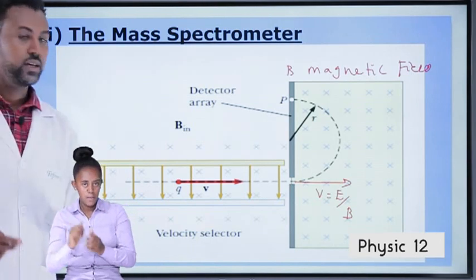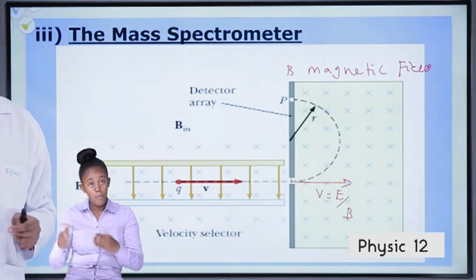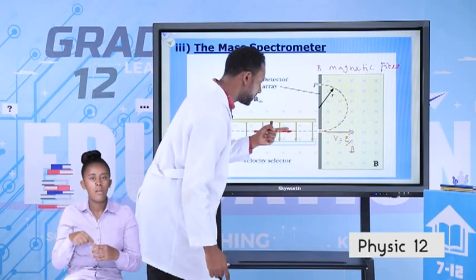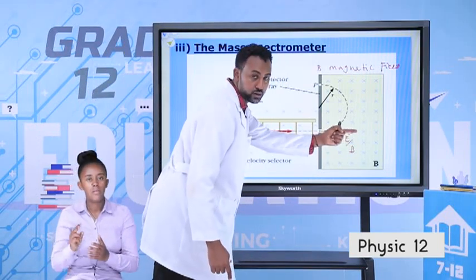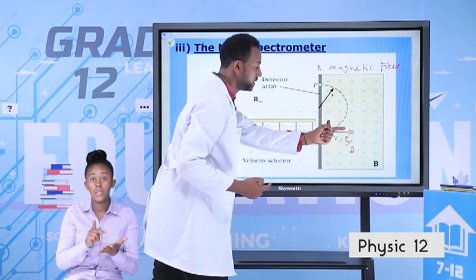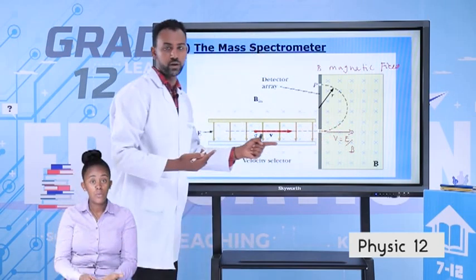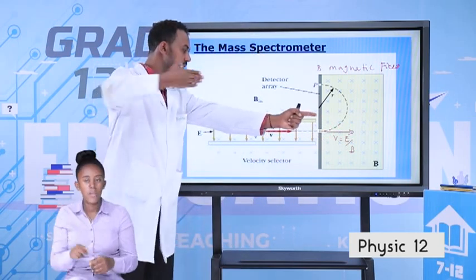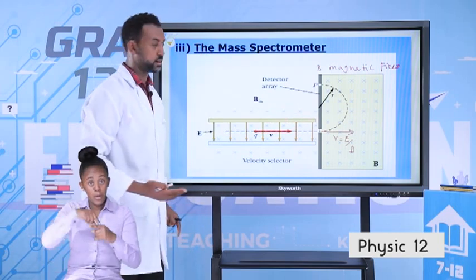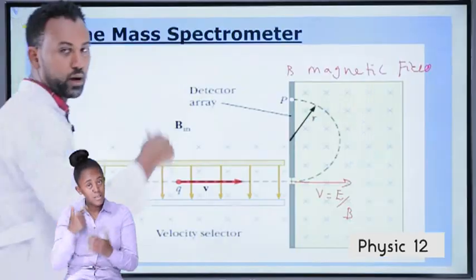Previously, we have said that a charged particle is moving with a velocity v perpendicular to the magnetic field. Let's say the velocity of the charged particle is moving to the right. The magnetic field is acting into the page. So they are mutually perpendicular, and in this case, they will form a circular path.